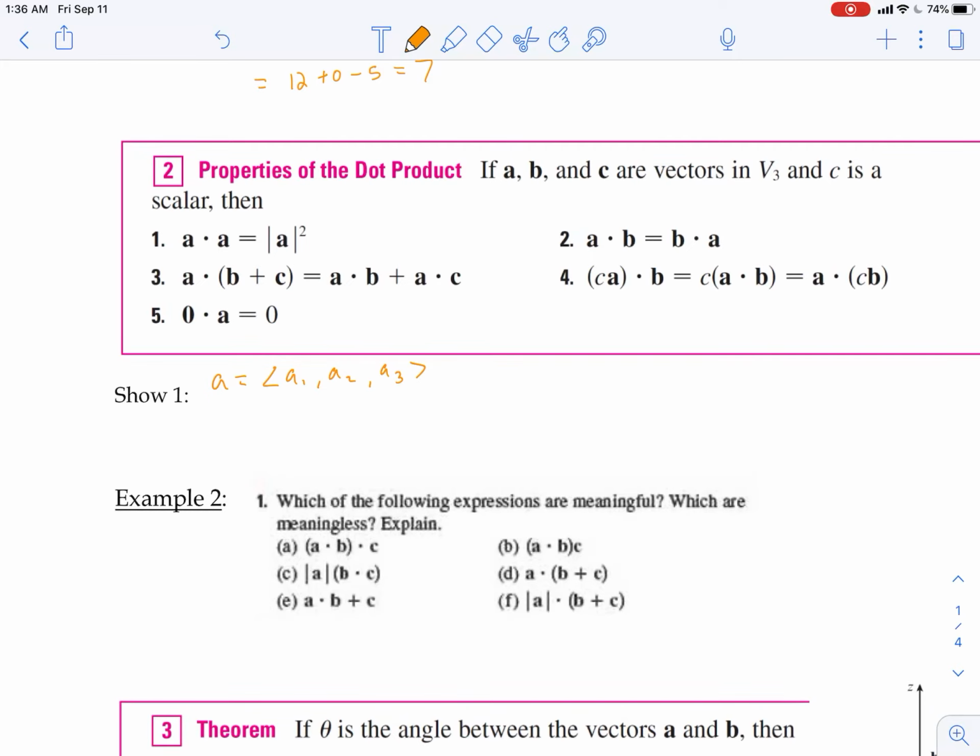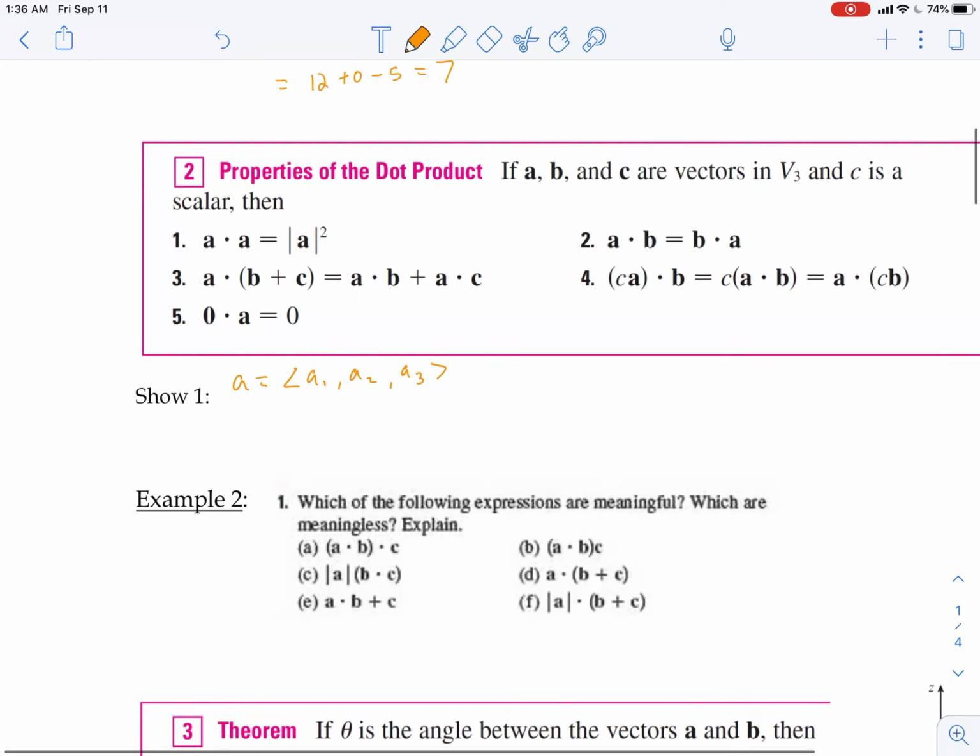The dot product of this is multiplying itself. So A dot A is just going to be A sub 1 times A sub 1 plus A sub 2 times A sub 2 plus A sub 3 times A sub 3.